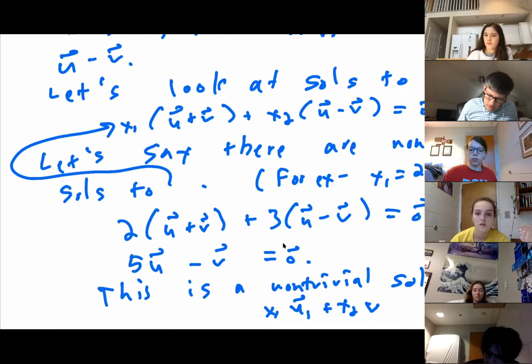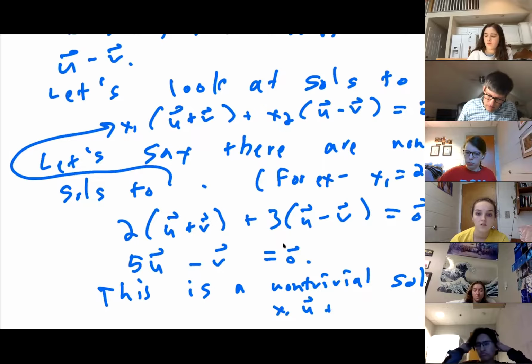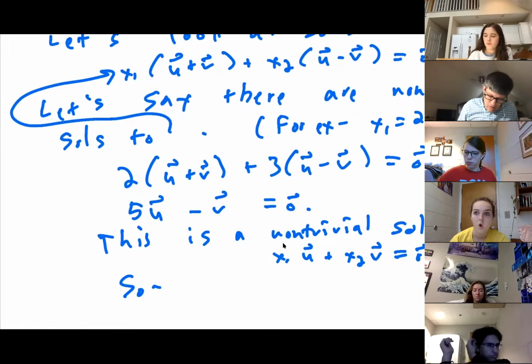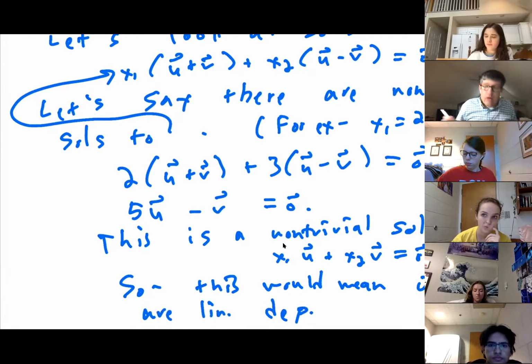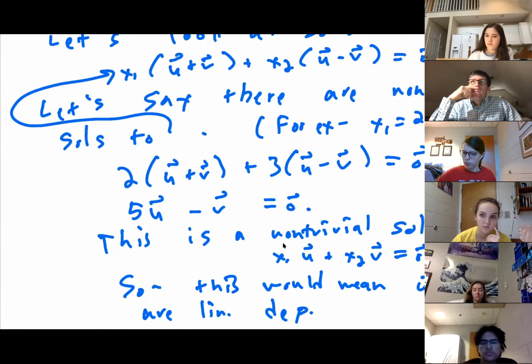Let's try again. What I'm saying is if I get a non-trivial solution to the one involving u plus v and u minus v, then that gives me a non-trivial solution to the one involving just u and v.